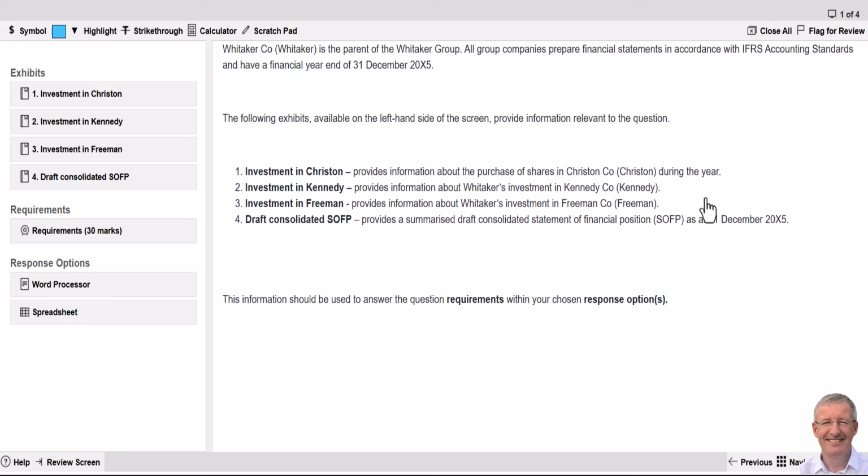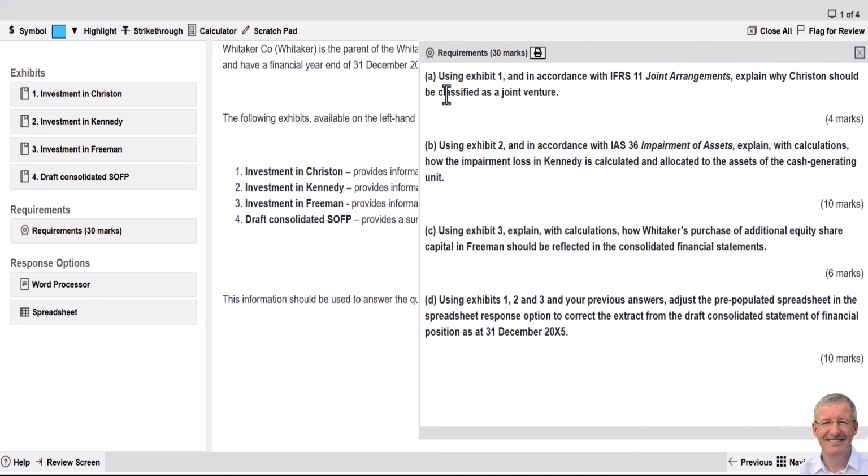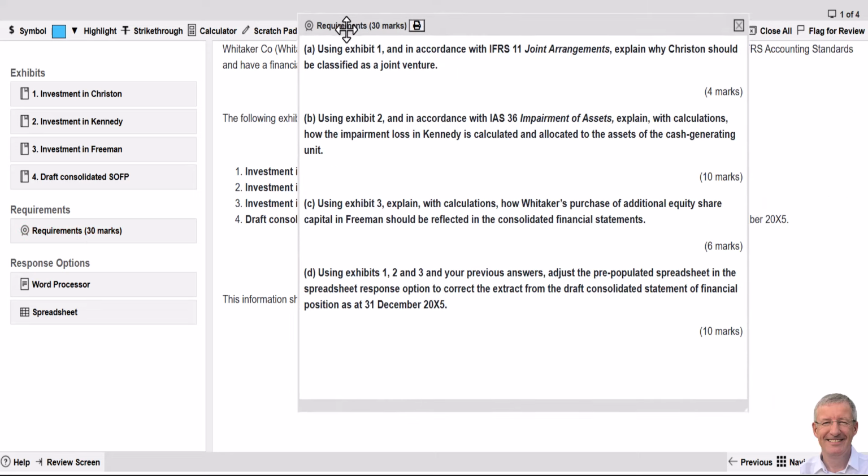Now, the first place to start in a question is to read this information here in the centre. To be blunt, there's not a lot of information here other than the fact that our year end is 31st December X5. The first thing I always do is open up the requirements, and ironically, I don't actually even read the requirements.